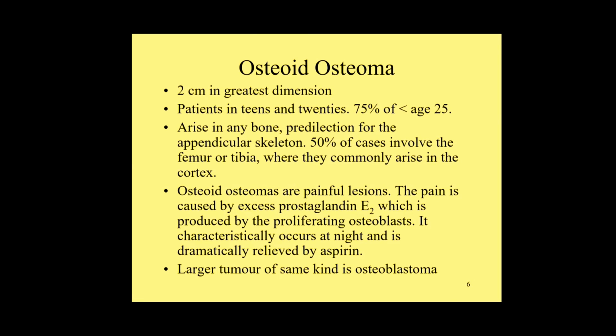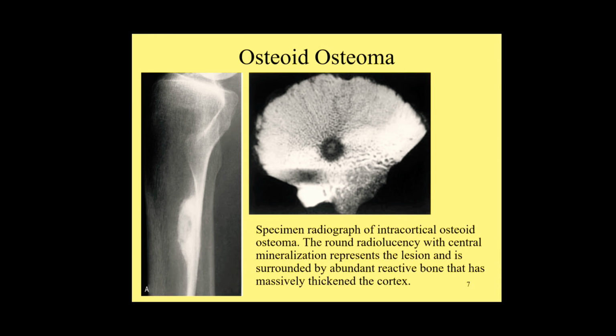A larger tumor of the same kind is called osteoblastoma. So this is a radiographic picture. Now in this you're seeing a central translucent area which is called the nidus, surrounded by reactive bone which is isodense.